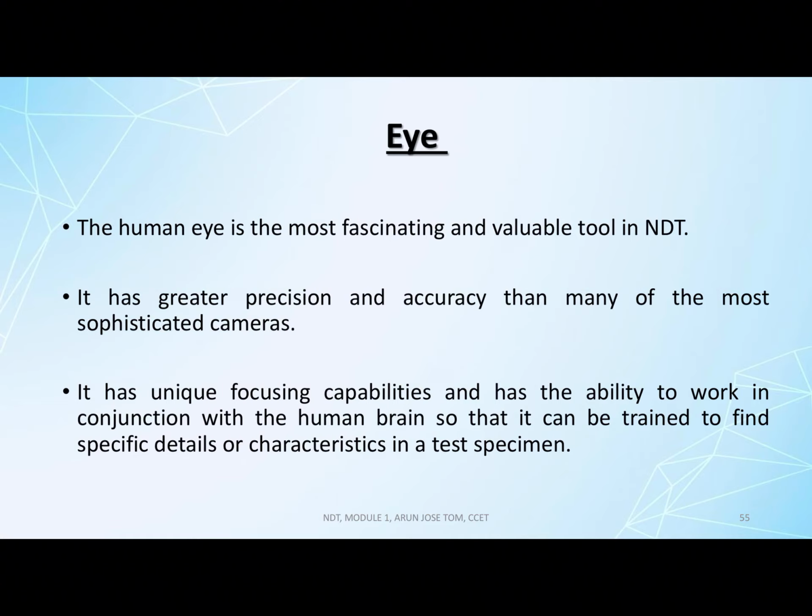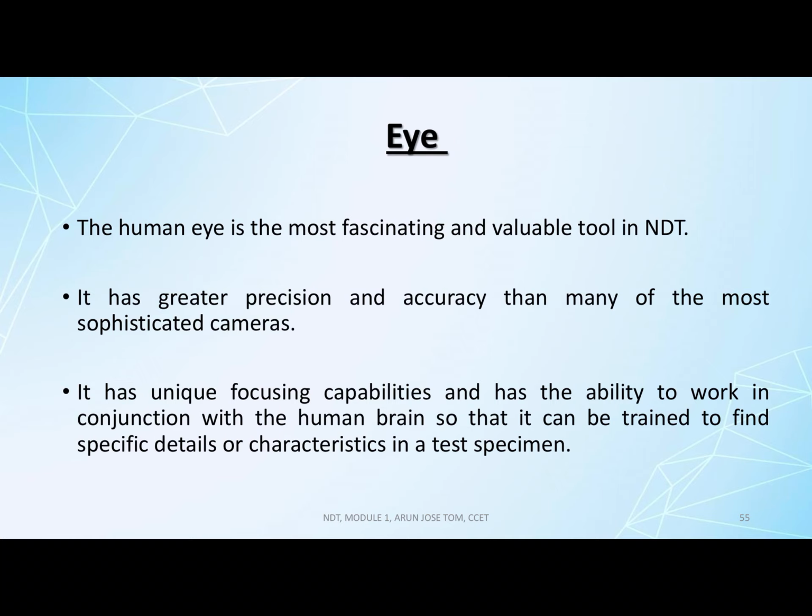So the human eye is the most fascinating and valuable tool in NDT. Specifically, a valuable tool for visual inspection purposes. It has greater precision and accuracy than many of the most sophisticated cameras.